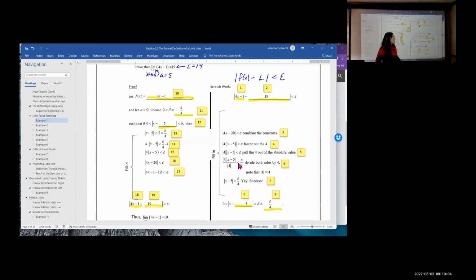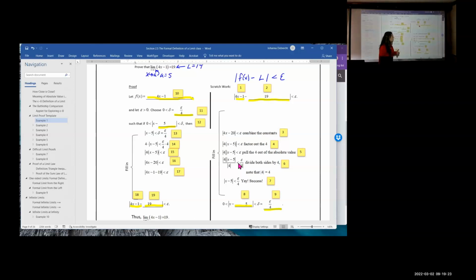You'll see right here that we have 4x minus 1 minus 19. That's where we start. We always start in the same place. It's always the function minus L, and it's always in absolute values less than epsilon.